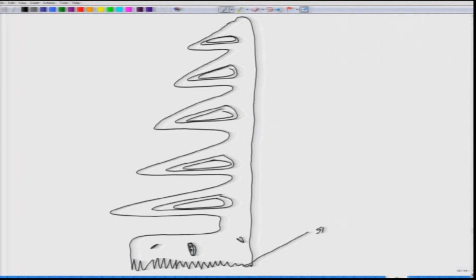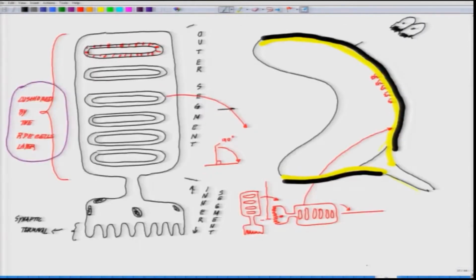This is the synaptic terminal. Again, you have to rotate it from 90-degree to 0-degree. That way you can really place them. So they are sitting like this, synaptic terminal like this.